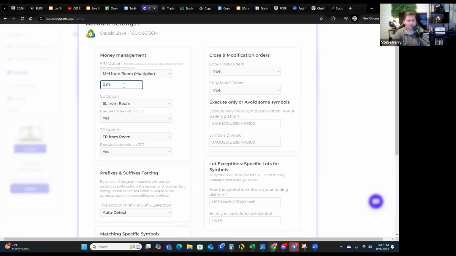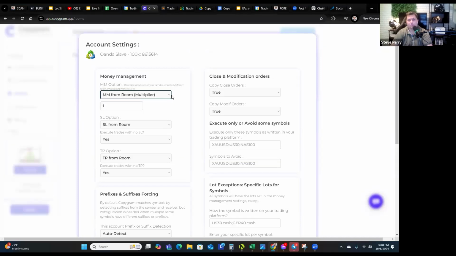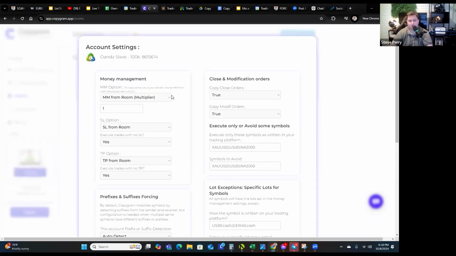So if I put in the number 1 right here and select multiplier, what this is going to do is that when the 200K account, which is the sender account, takes a trade, the 100K account, which is the receiver account, will take the exact same trade. So if the 200K account takes a trade with 2 contracts, this account's also going to take 2 contracts.